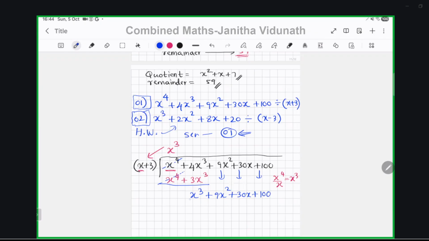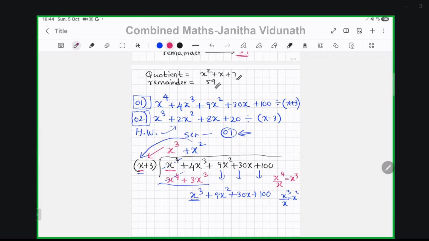Now we need to divide the leading term of this polynomial by the divisor. That means x cube over x means x square. Then the next term of the quotient is x square. Then we need to multiply it with the entire divisor.